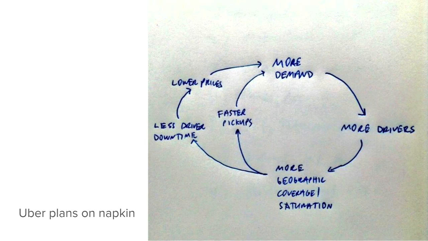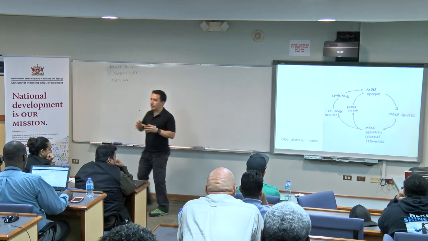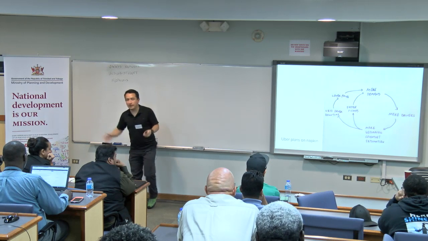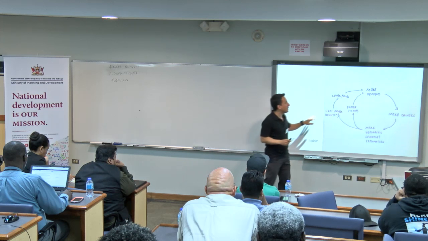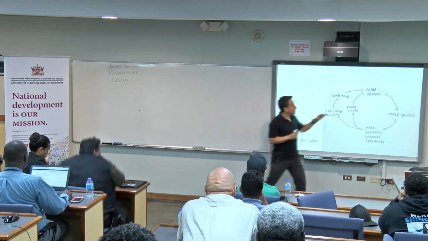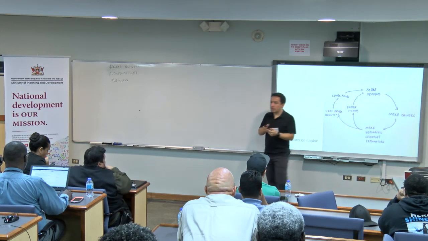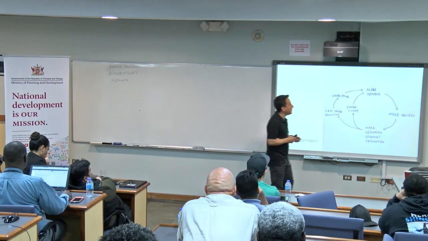Go back to 2014 and imagine the founders of Uber discussing the strategy at a coffee table of how to grow Uber globally. They were growing crazy fast at that time. And this is probably how it went. We want more demand, more Uber users asking for a ride.